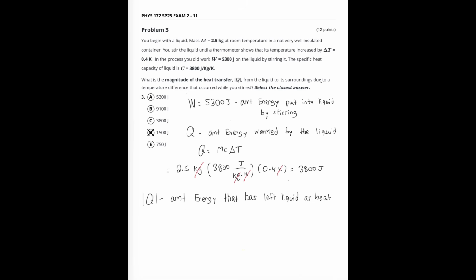And that will simply be the difference between our work minus Q. So 5,300 joules minus 3,800 joules. So that gives us a final answer for the magnitude of heat transfer as 1,500 joules. And this will correspond with answer choice D.